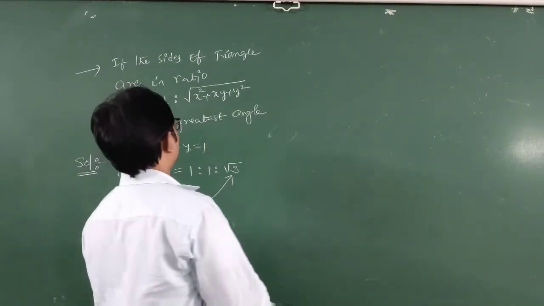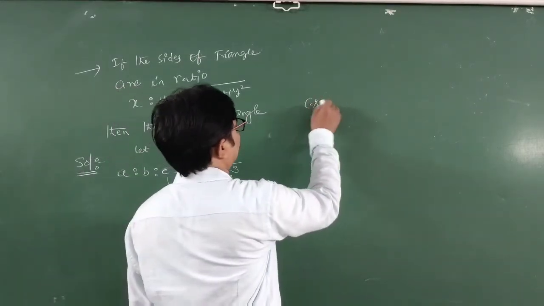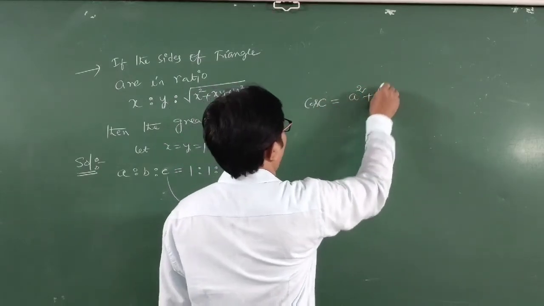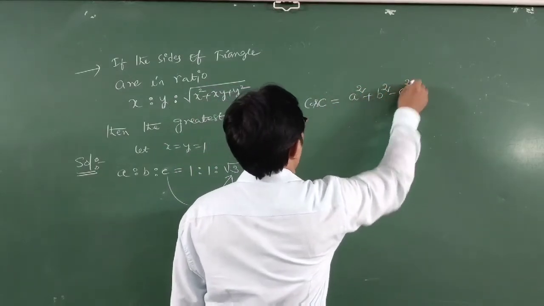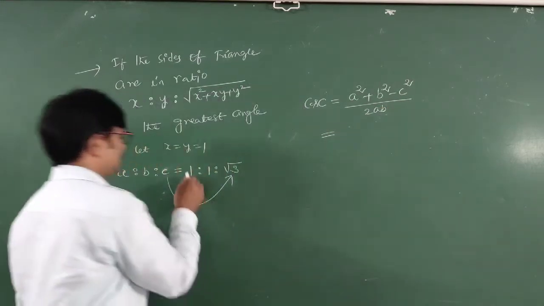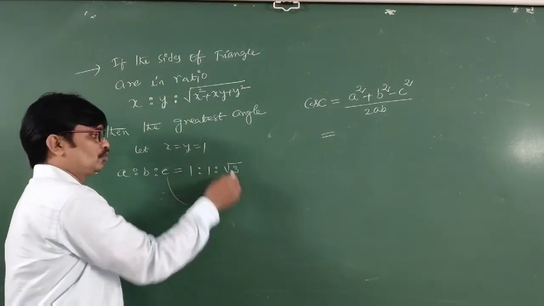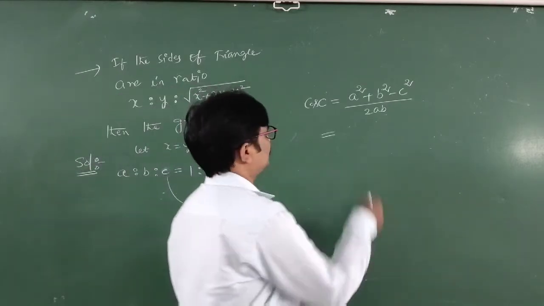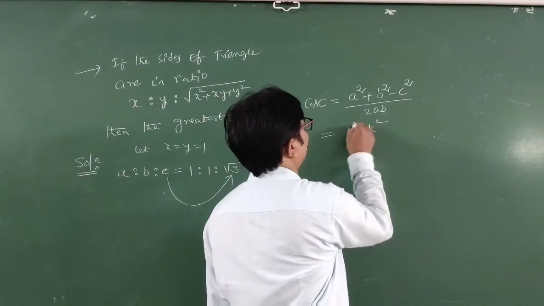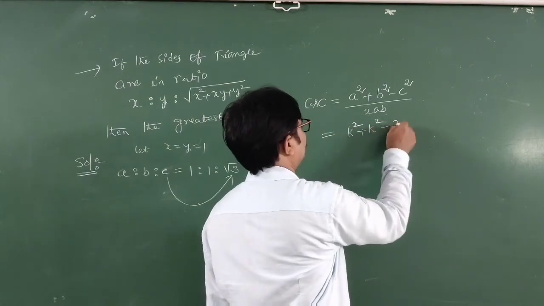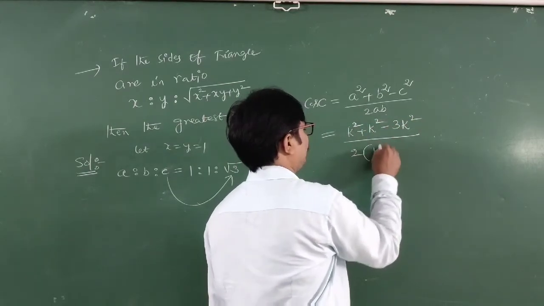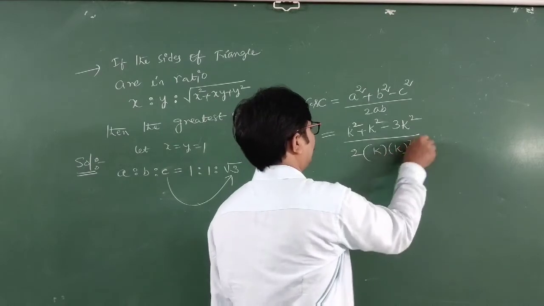Now students, the greatest angle is angle C. The cos C, from the cosine rule, is a square plus b square minus c square by 2ab. Here a is k, b is k and c is root 3 k. That is k square plus k square minus 3k square, by 2 into k into k.